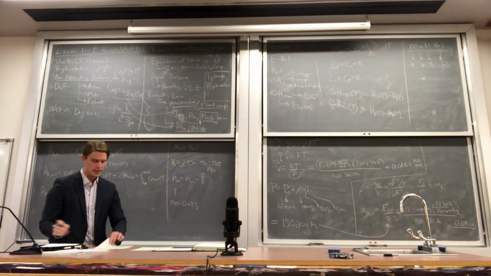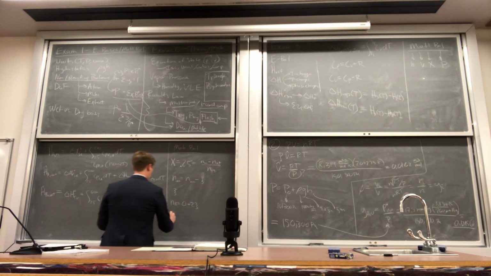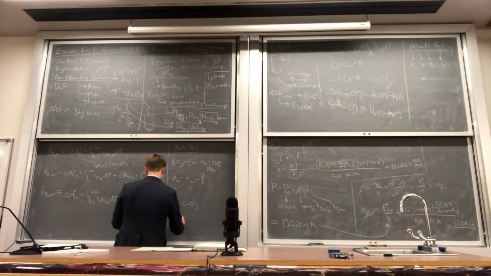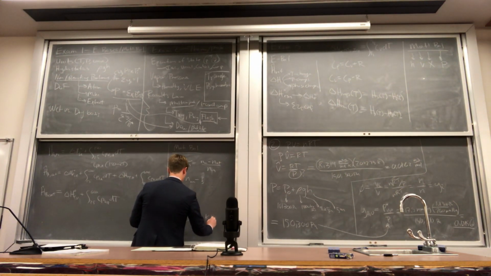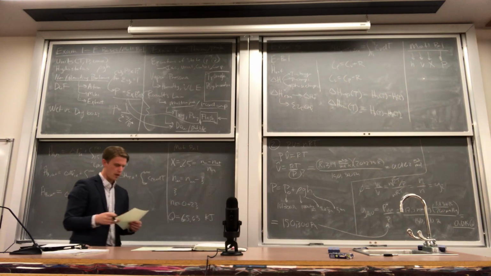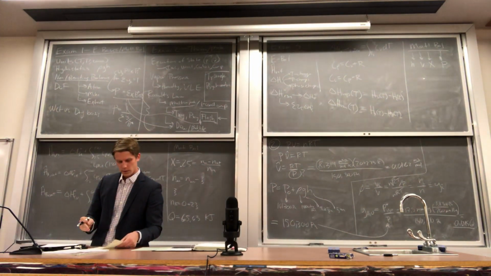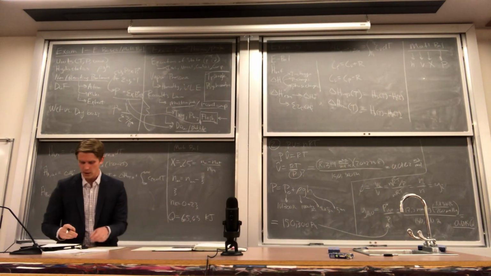So the number that I got in this process here is that Q is equal to 65.63 kilojoules into the process. What was the molar basis? This is 1 mole of A going into the system.